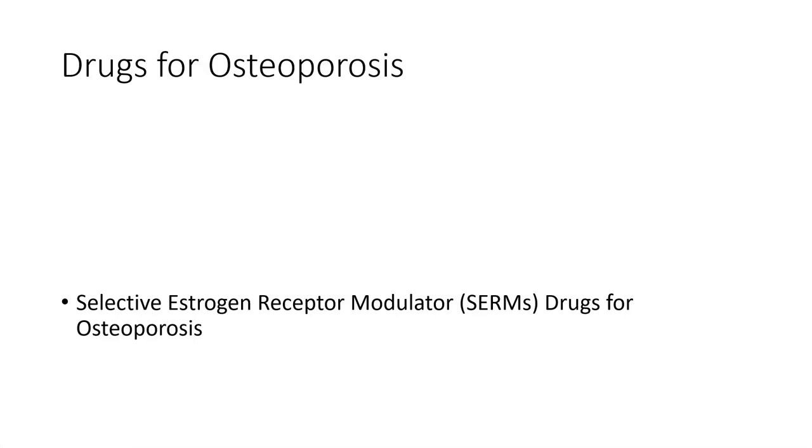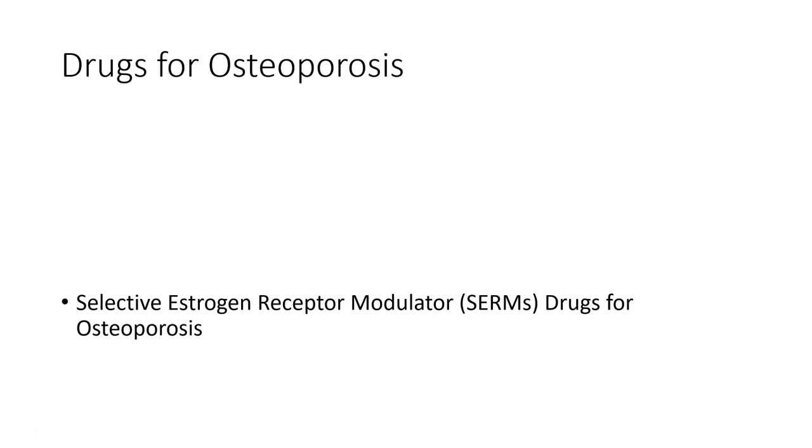Next, we have what are known as SERMs. These are selective estrogen receptor modulators. Again, estrogen is important for women for good, healthy, strong bones. So the SERM drugs we use for osteoporosis bind and stimulate estrogen receptors on the bone.